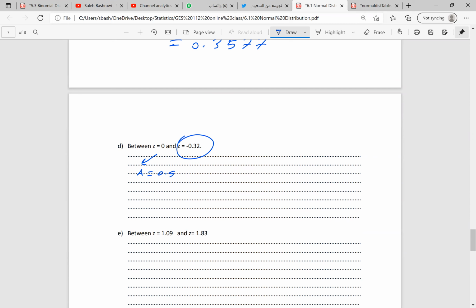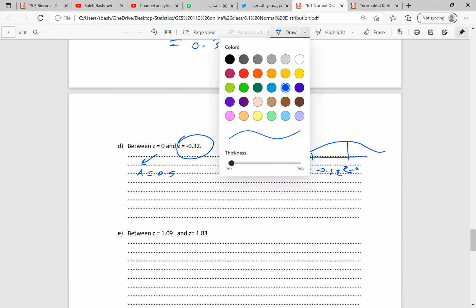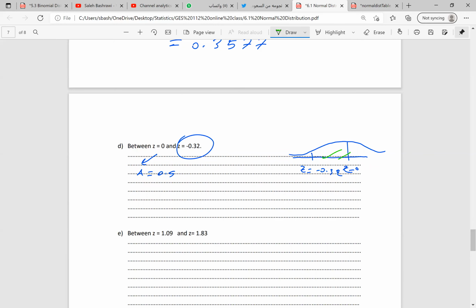Again, we are speaking about two values, z equal to 0 and z equal to minus 0.32, and we want to find the area between these two values. For the first one, I got A1 equal to 0.5.